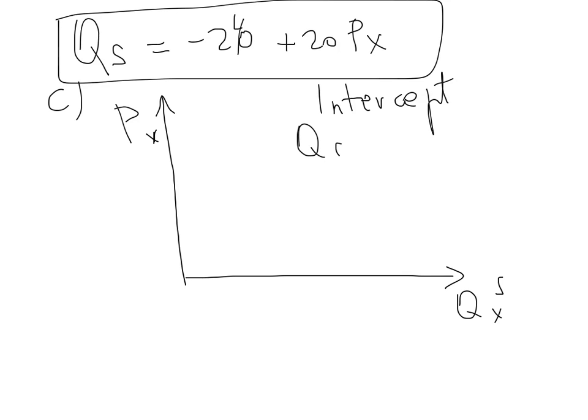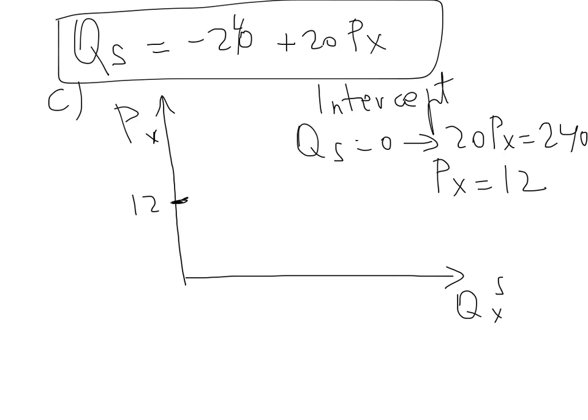We have quantity supply equals 0, which means 20 px equals 240. So px equals 240 divided by 20, 12. So that's our intersection here, 12.